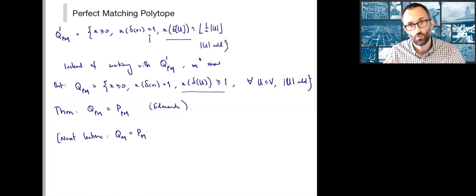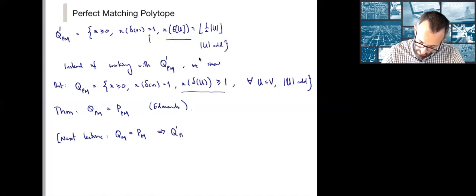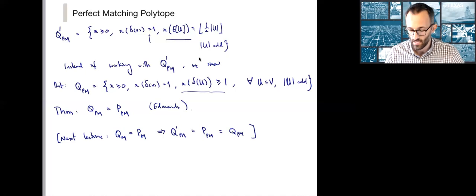Once we've shown that, this will immediately imply that Q dash of PM is equal to the perfect matching polytope, which therefore justifies us in using this other description.